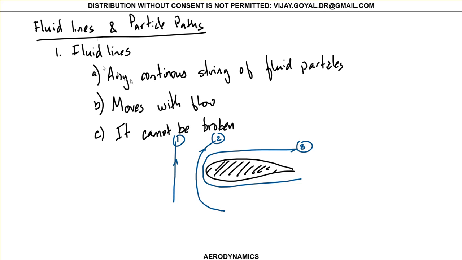What you can see is a small particle moving along my path, doing this. The same particle is moving to a different location, in this direction. This is what we call a particle path.